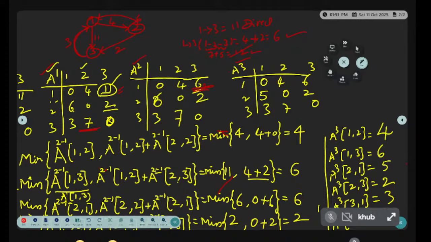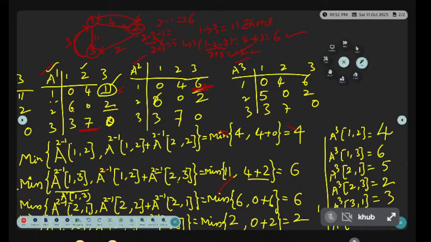Then via node 3, so 2 to 1. The direct path 2 to 1 is 6. But you may go via 3 also: 2 to 3 you can go, then 3 to 1. 2 to 3 cost is 2 plus 3 to 1 is 3.